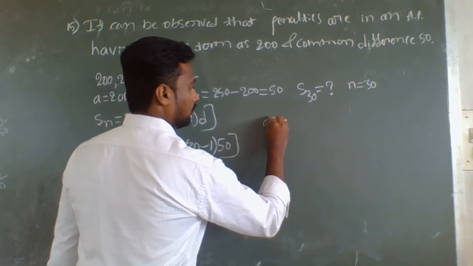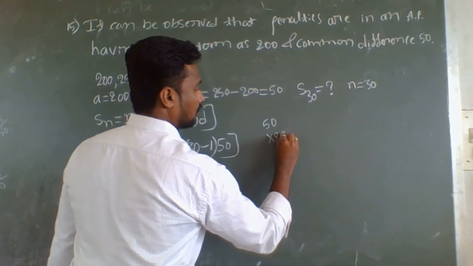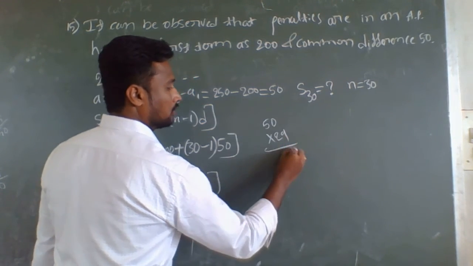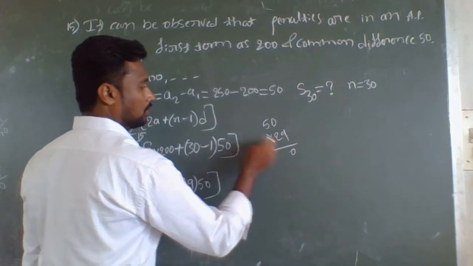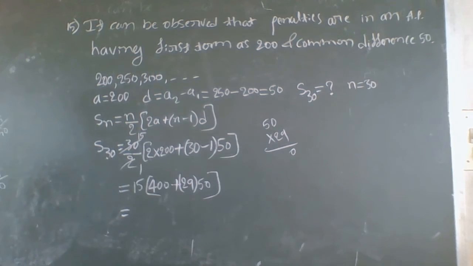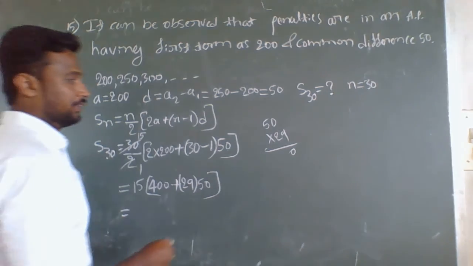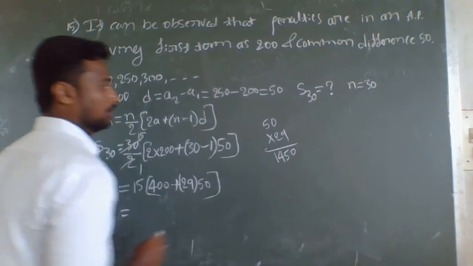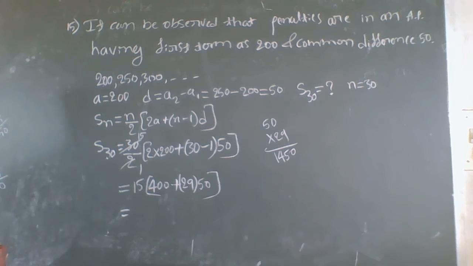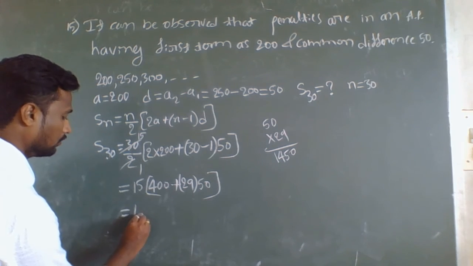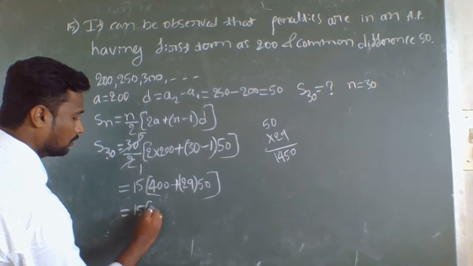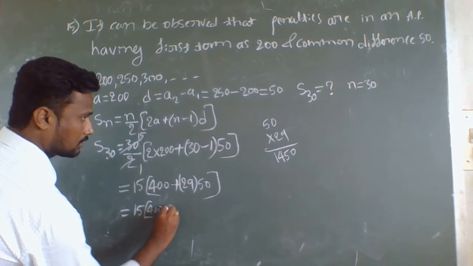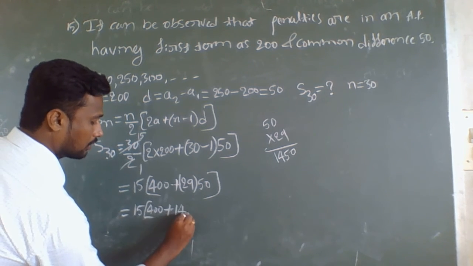So in the next step, 29 into 50. Here I will do 50 into 29: 29 into 0 is 0, 29 into 5 is 145. Therefore 50 into 29 means 1450.